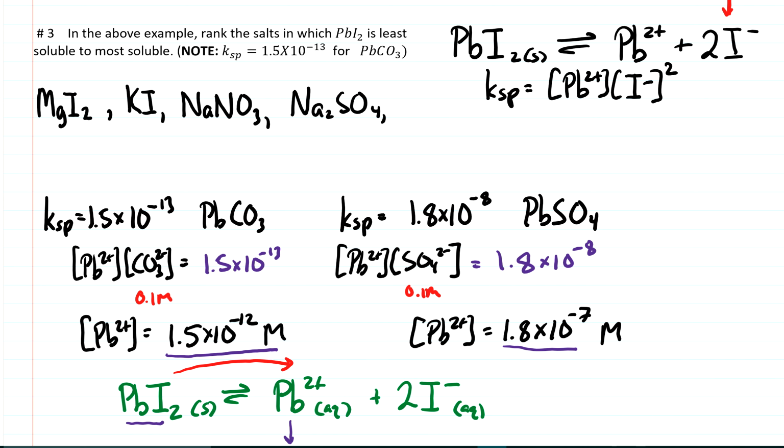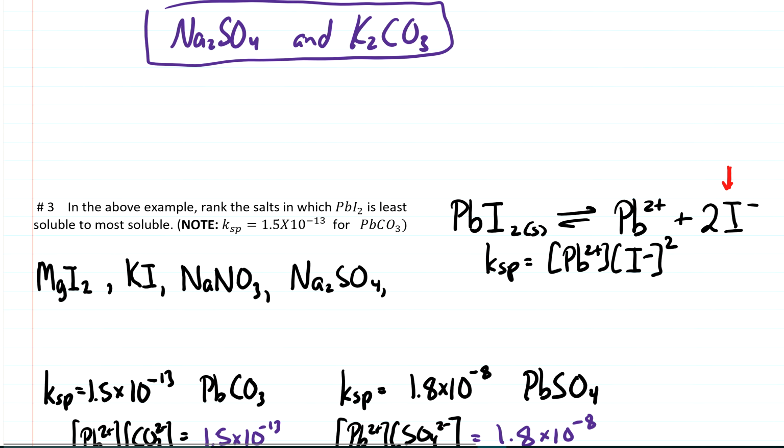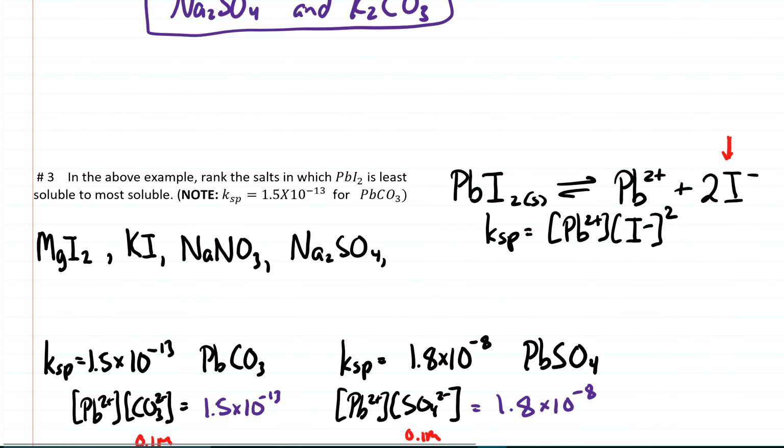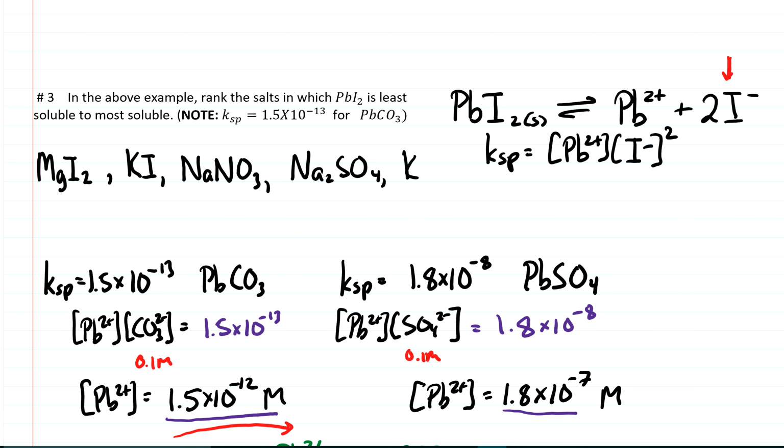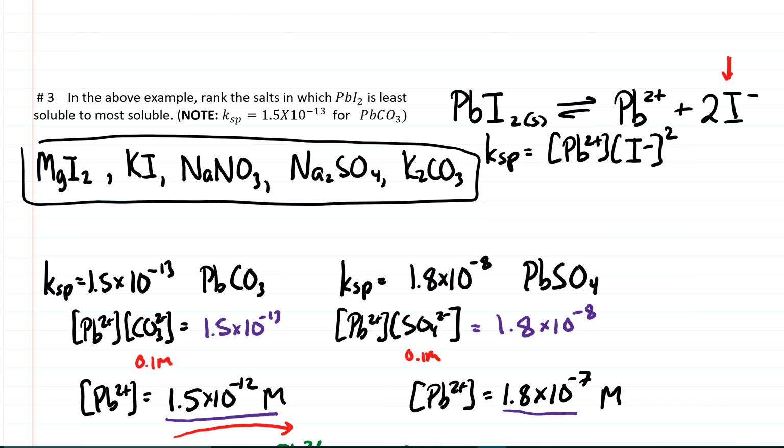And then the last one would be the potassium carbonate. So that would be the order from least soluble to most soluble for lead iodide.